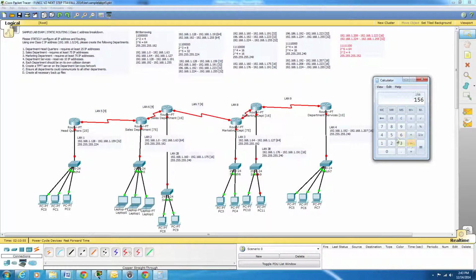So 256 minus 4 equals 252. And the other way to do it is to say 128 plus 64 plus 32 plus 16 plus 8 plus 4 equals 252.